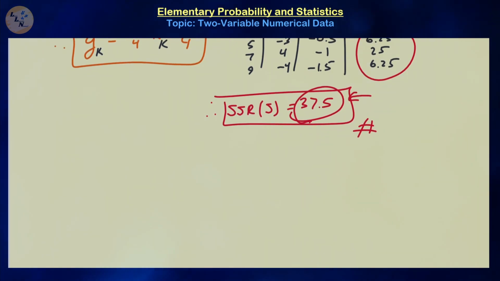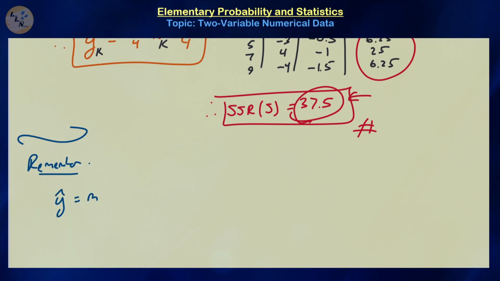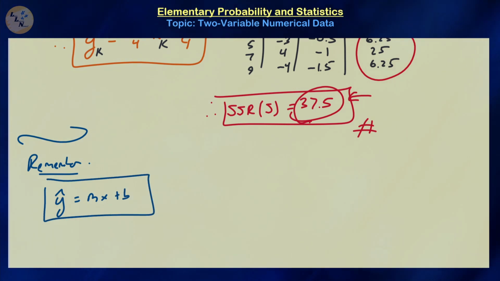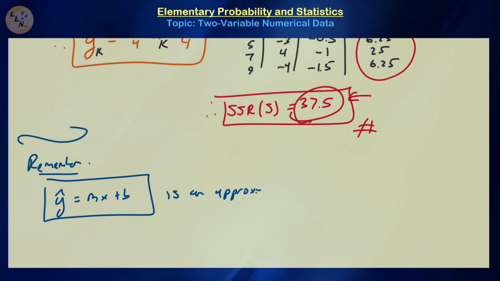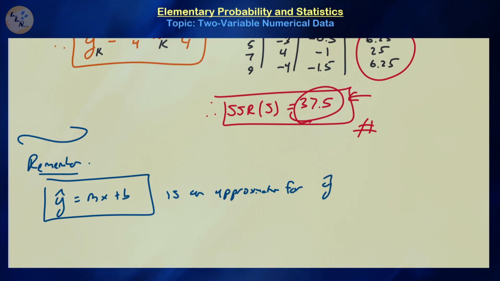So one last thing to remember about these things. Just remember that y hat equals mx plus b is a statistic. It is a slope-intercept representation of a line associated to sample data. So that means this is an approximation for a line of best fit, y hat, with parameters beta 1 x plus beta 0.